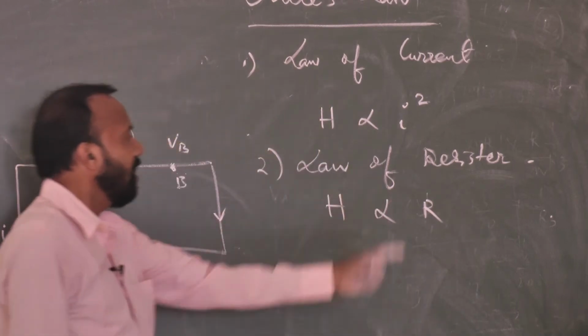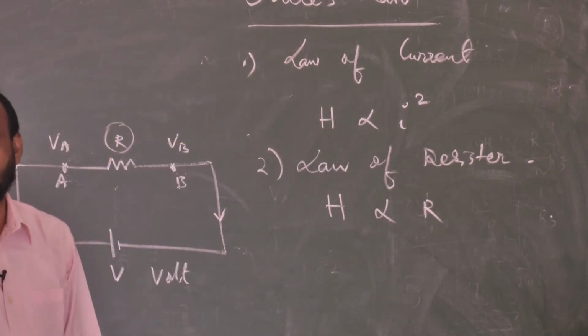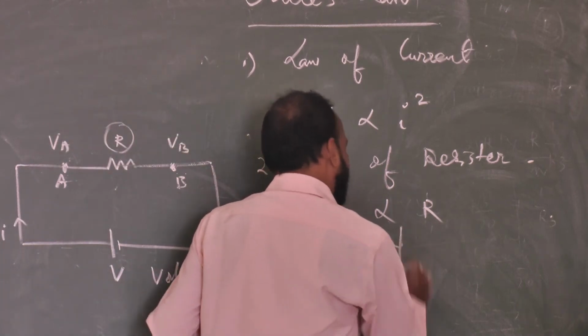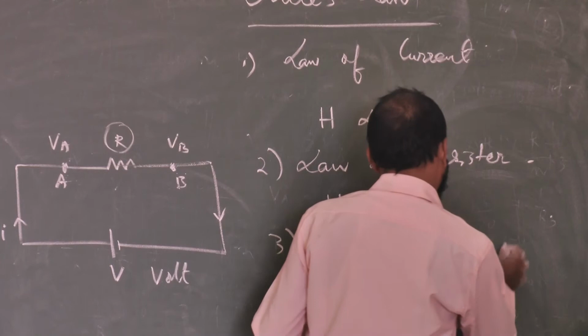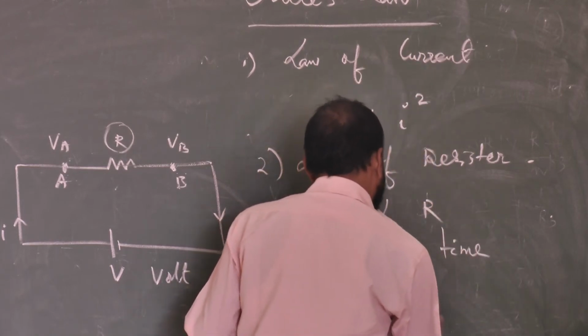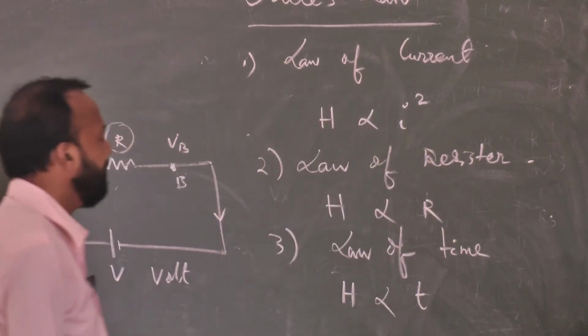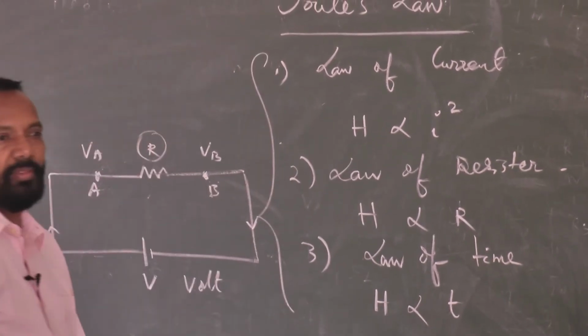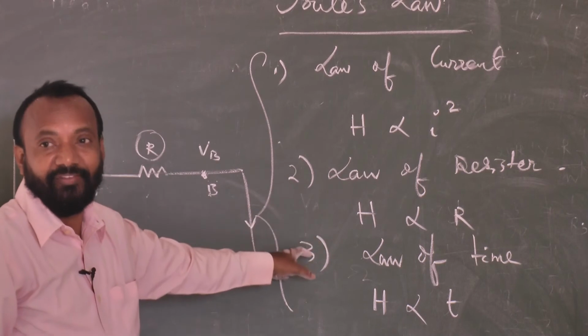So this is your law of resistance. And the third one is what? Law of time period. It takes some time, so heat is proportional to T. So if you combine these three laws, that is called Joule's law of heating effect.